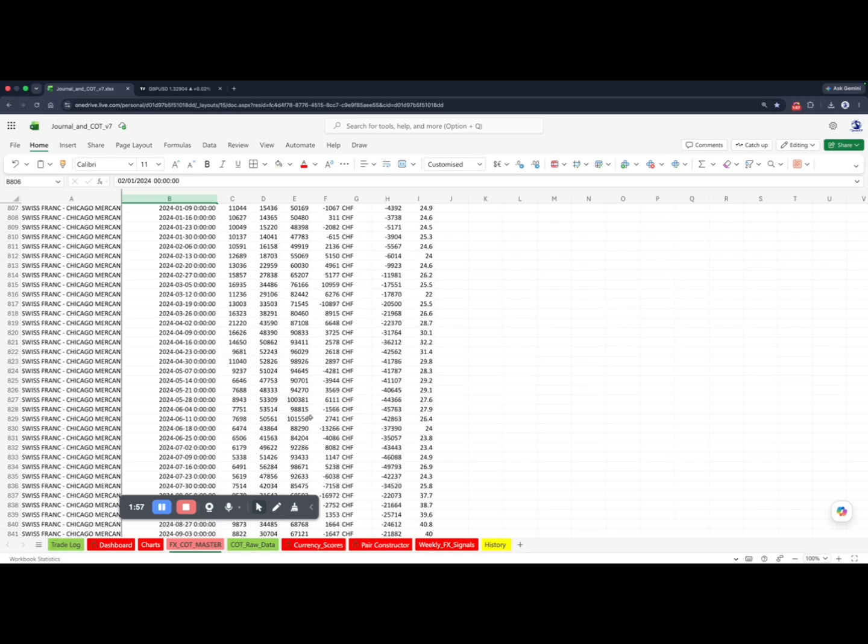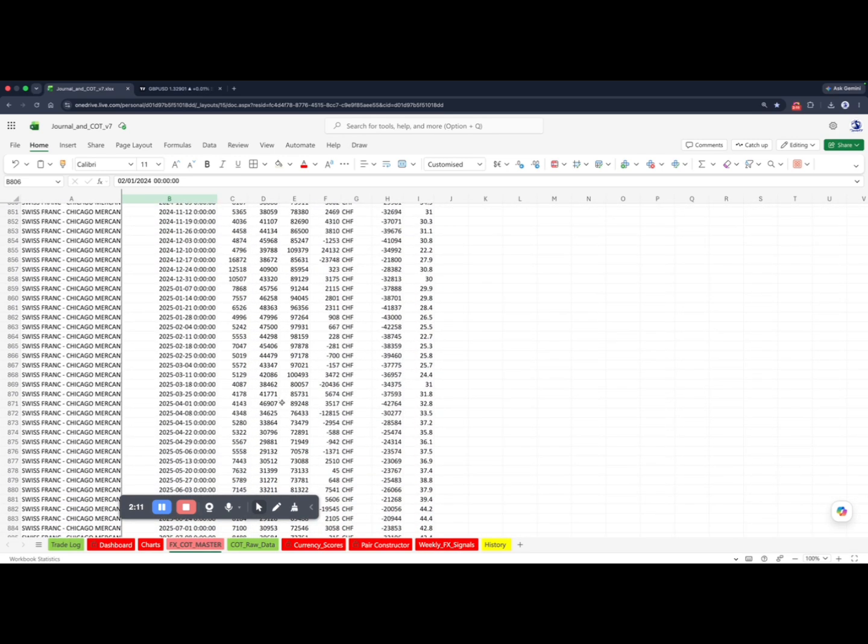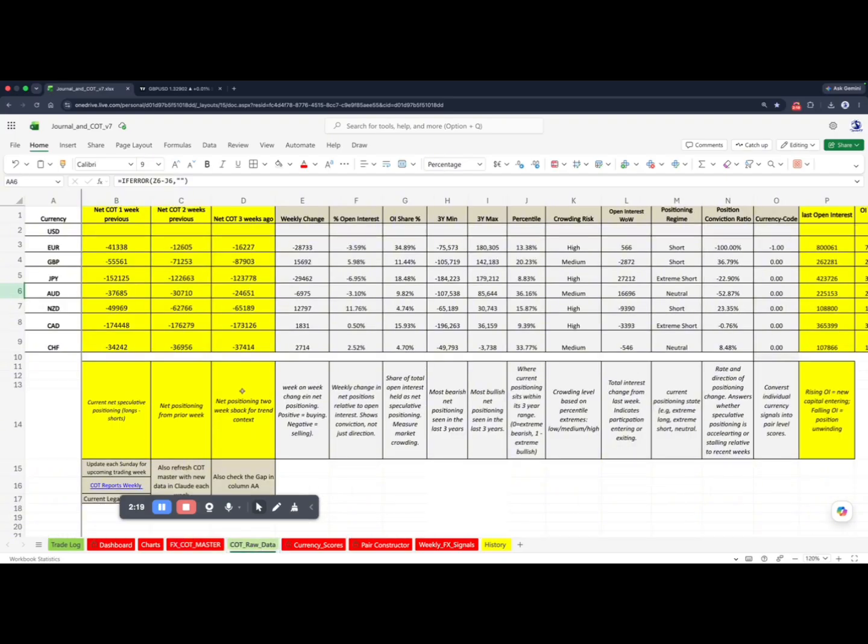That's true, but I'm really looking at this as more of a risk tool. And the more data you have, the more information is potentially at your fingertips. And this has probably been one of the single most important things that I've added to this COT report, and I'll show you the reason why in just a moment.